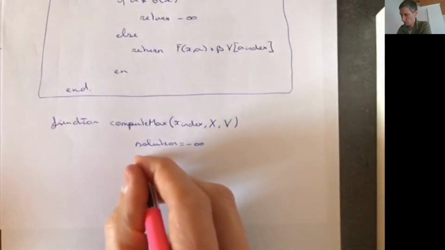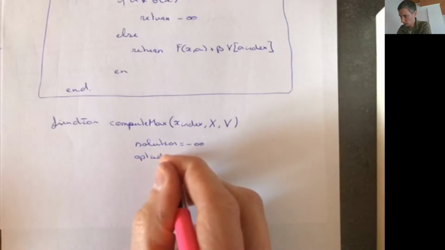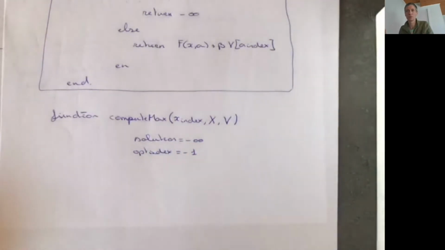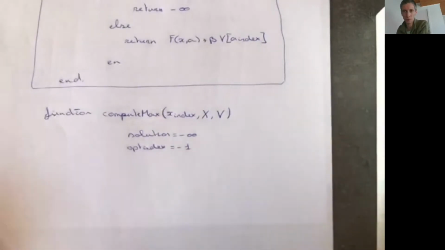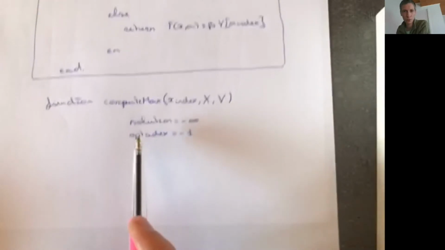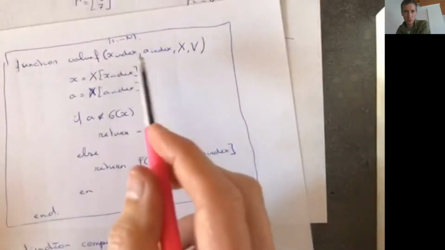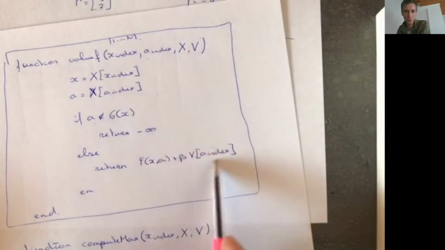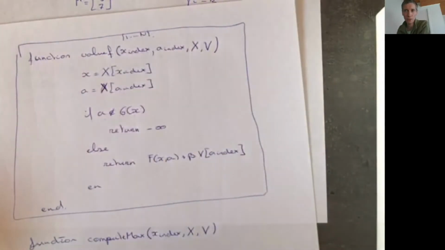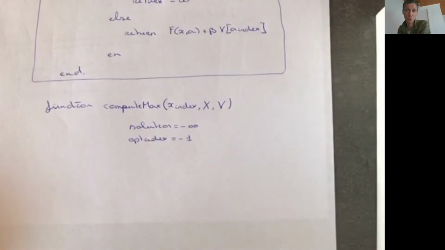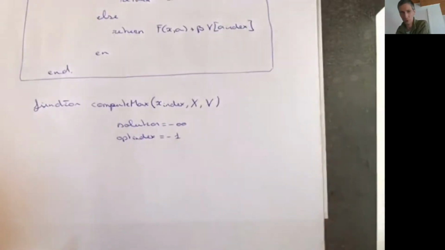I can call this optimal index, and I can set it to something that's just an integer, right, because it's going to store some integer. And then what you could do, naively, is iterate over all possible a indexes, each time compute this one, and if I get a higher value, then I'm going to update solution and I'm going to update optimal index, okay. So that's a possibility, right?